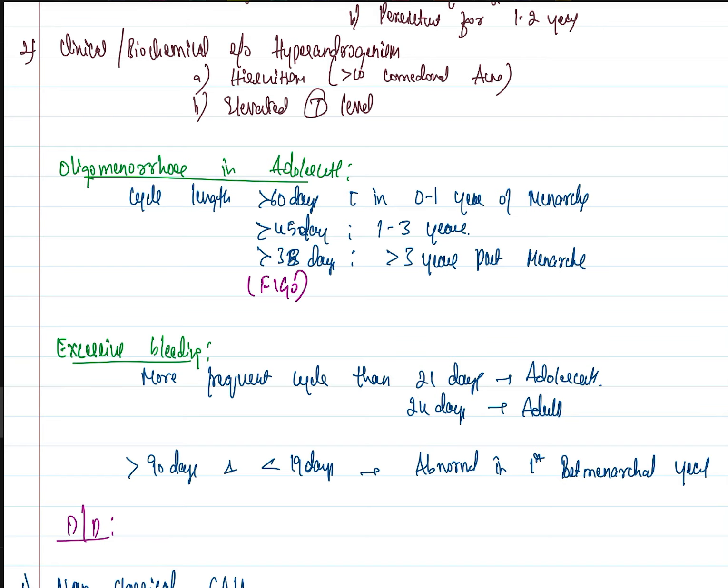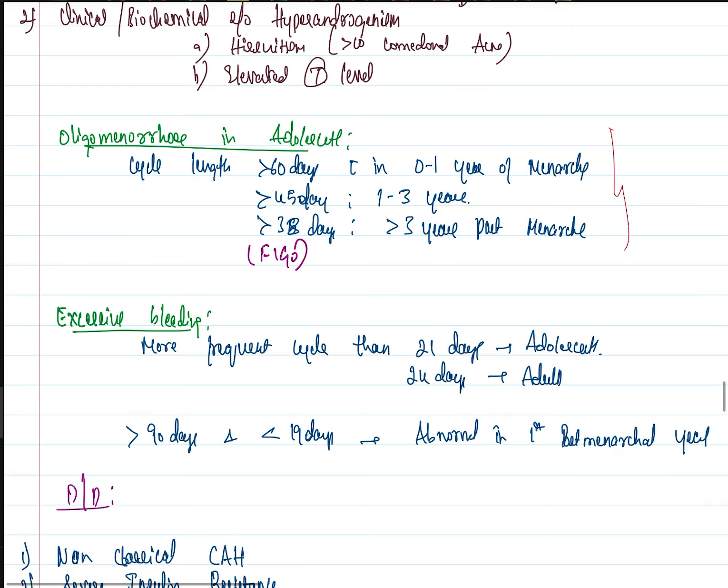This criteria is very important. Please note down this. This is very important to diagnose oligomenorrhea in adolescents because it depends upon the age of menarche. It's not the same in the first year, second year, or third year. Okay, it's different every time.